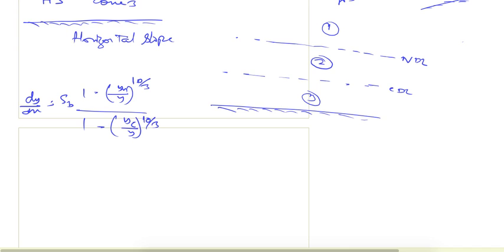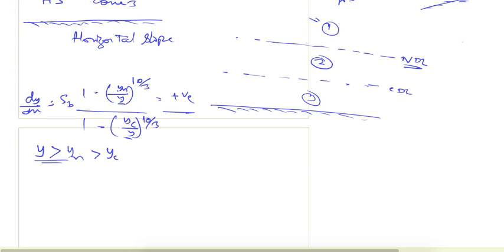If the flow is occurring in zone 1, I can say that the actual depth of flow y is greater than yn, the normal depth of flow, and it is also greater than the critical depth of flow. If I check the value of dy by dx from these values, we can see the actual depth of flow y is in the denominator at both places. So if y is greater than yn, this ratio will be a fraction, and 1 minus something less than 1 will be a positive value.